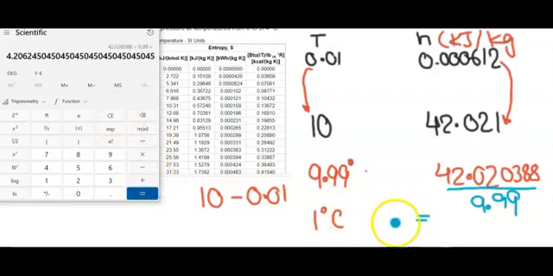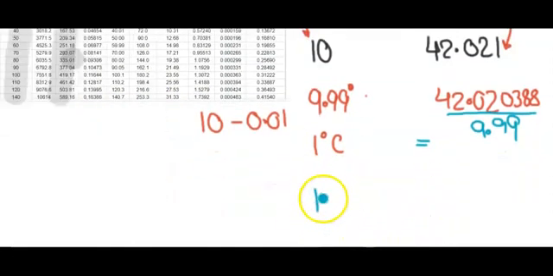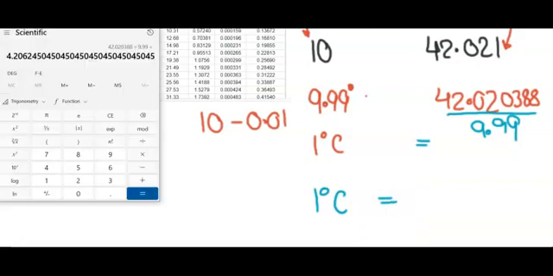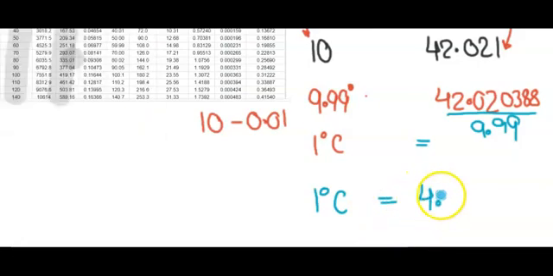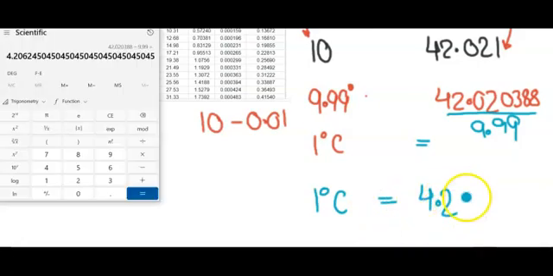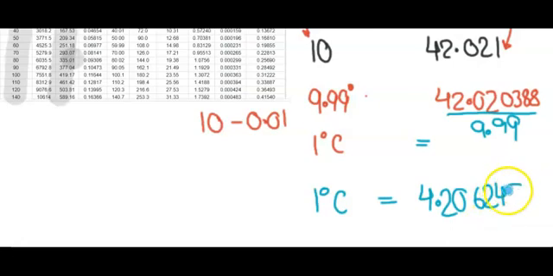For 1 degree, the change is going to be 4.20625. We usually write it to 5 or 6 decimal places.